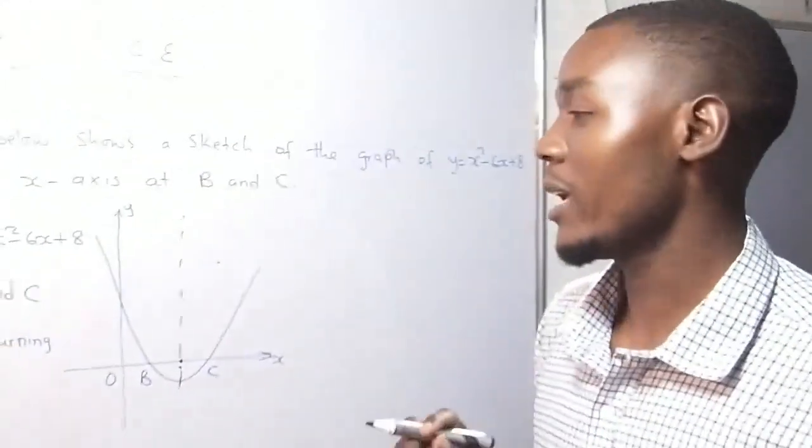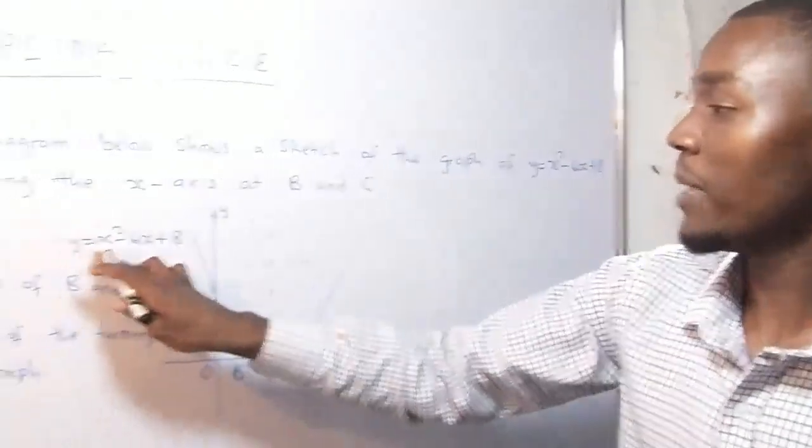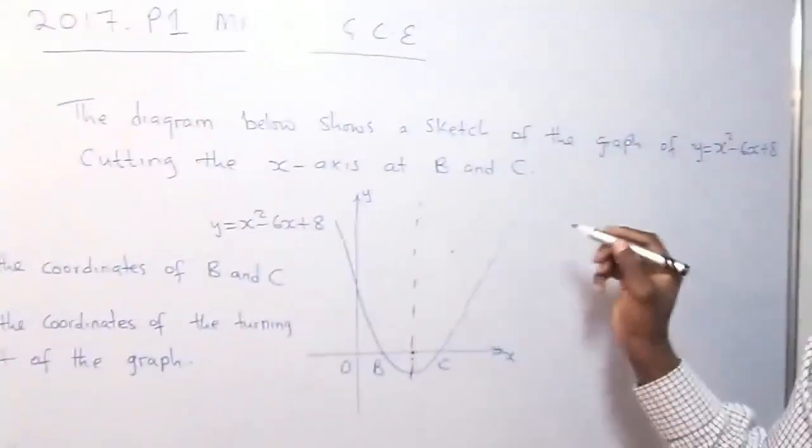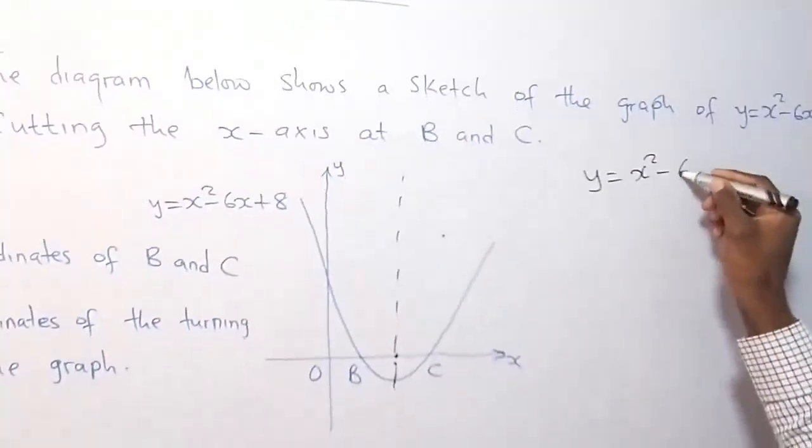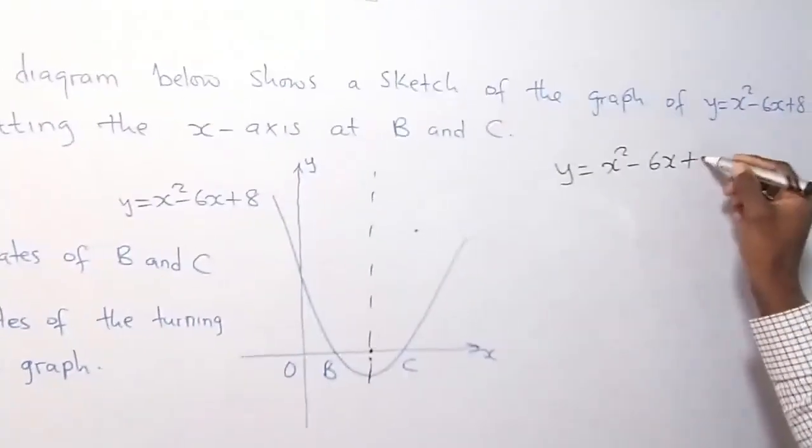We copy down the equation y equal to x squared minus 6x plus 8.